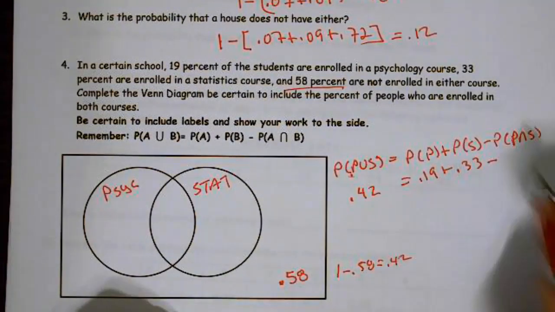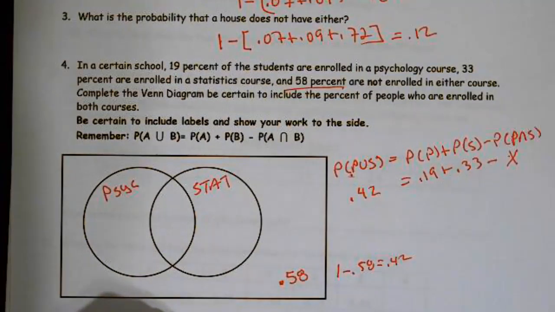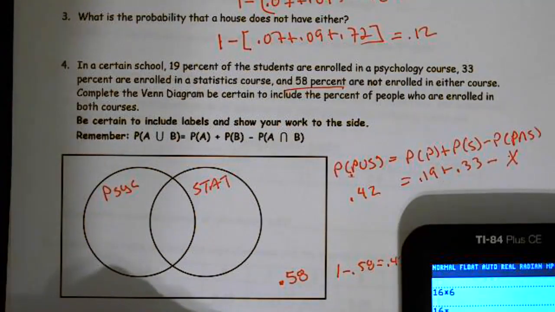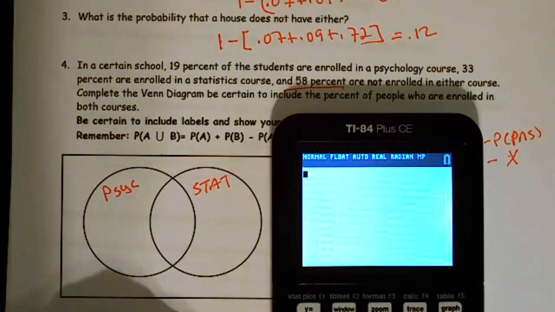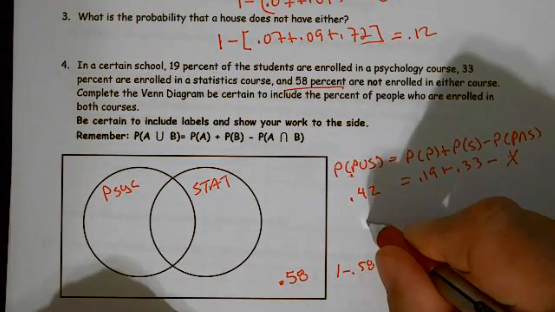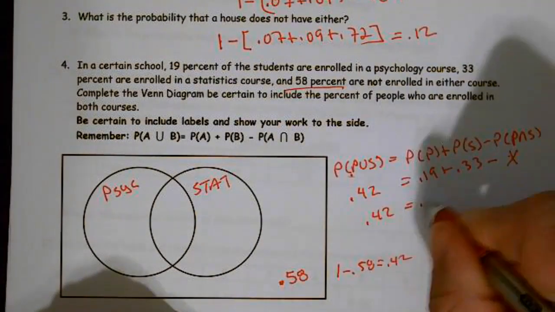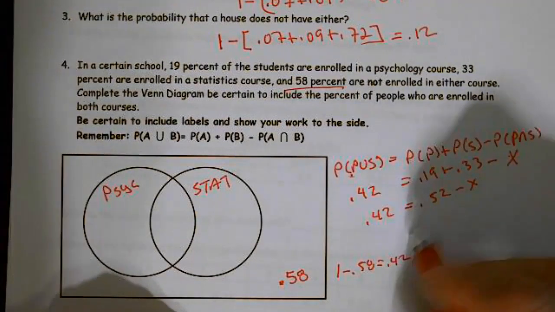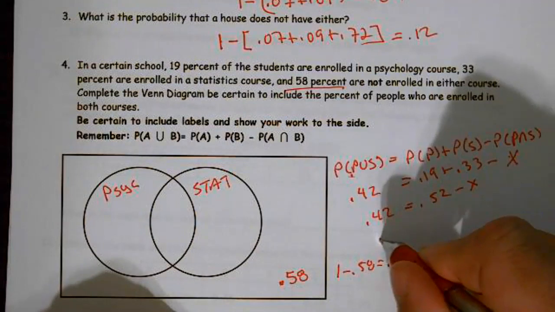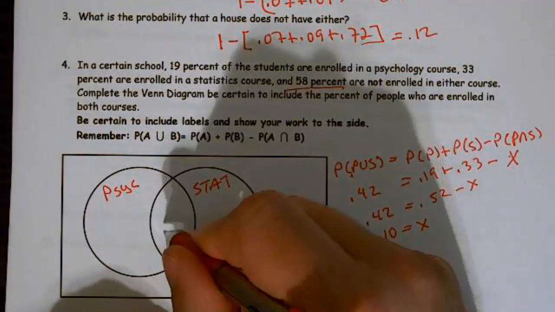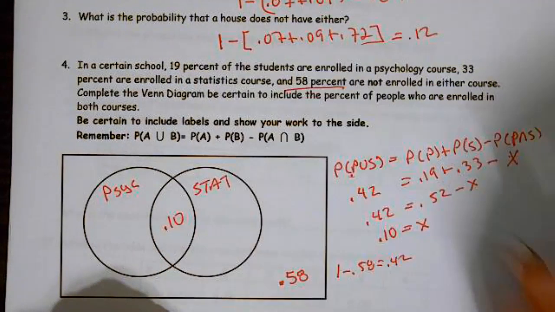At that point, all I'm missing is the overlap, so I can go ahead and solve for that. 0.19 plus 0.33 is 0.52. So 0.50 equals 0.52 minus x. And when I solve, I end up getting 0.02 equals x. So this right here is 2%.